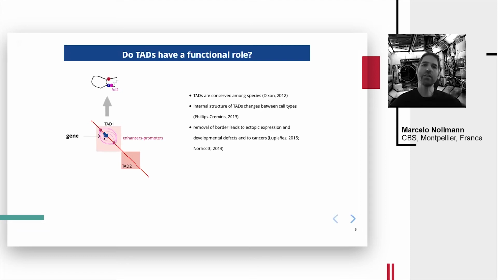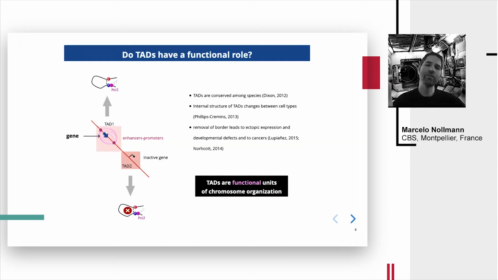And so this gave rise to the hypothesis whereby the genes and the regulatory elements of the genes are all encapsulated in the stat, and so the enhancers can more readily contact the correct promoters, and of course, the enhancers that are supposed to be activating this gene in stat number 1 cannot wrongly activate the gene in the neighboring stat. And so all of this evidence supported the idea that stats may play a role in the functional organization of the genome.